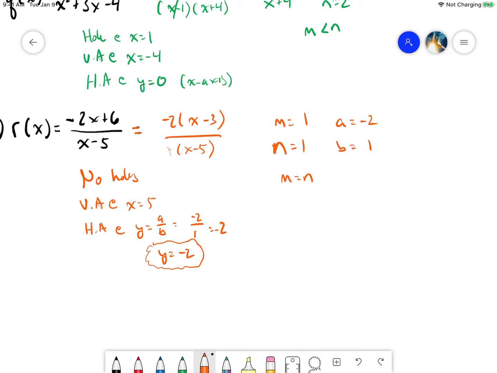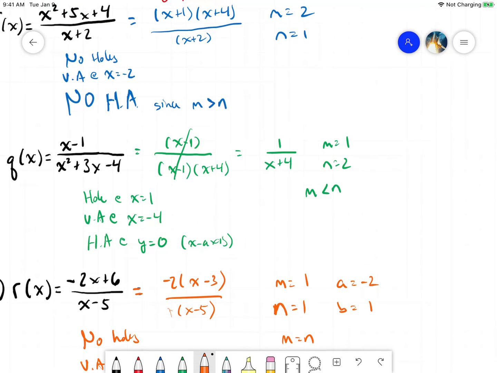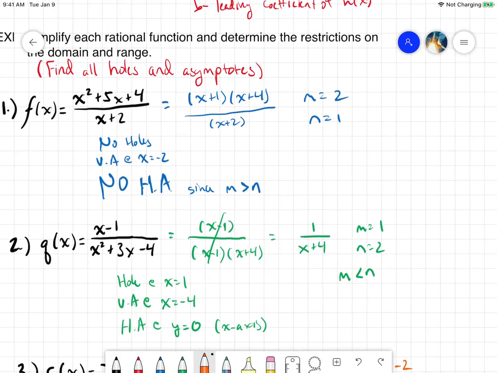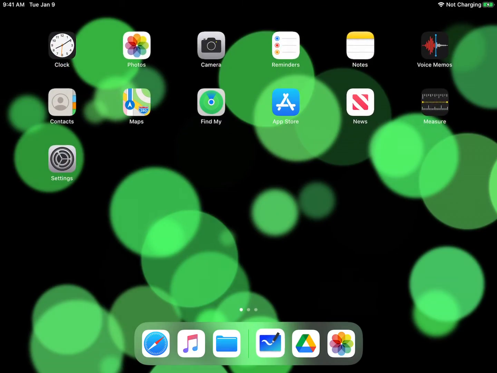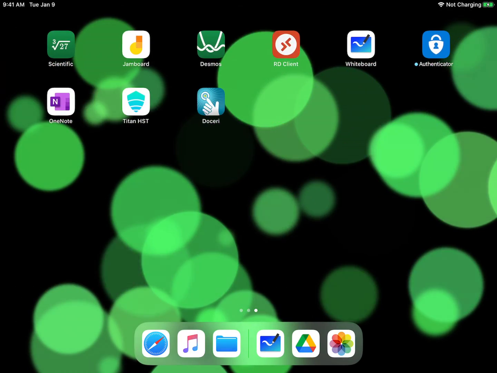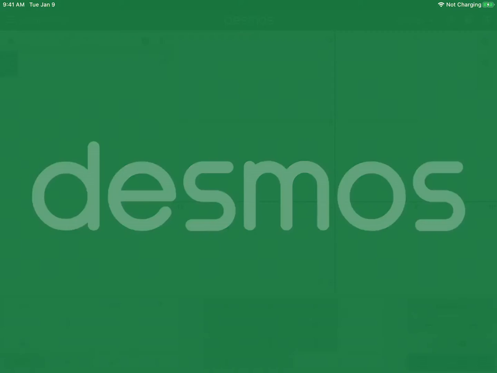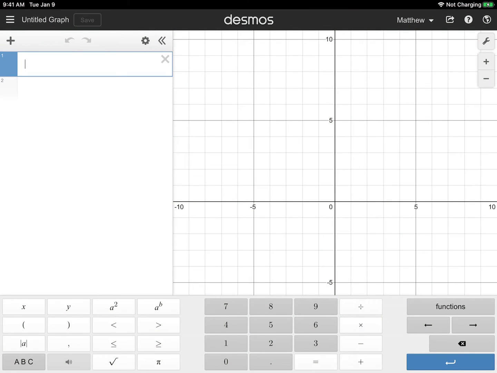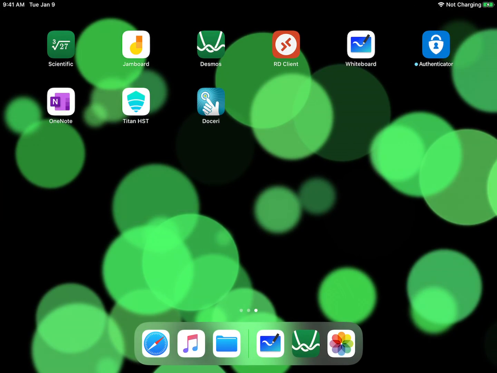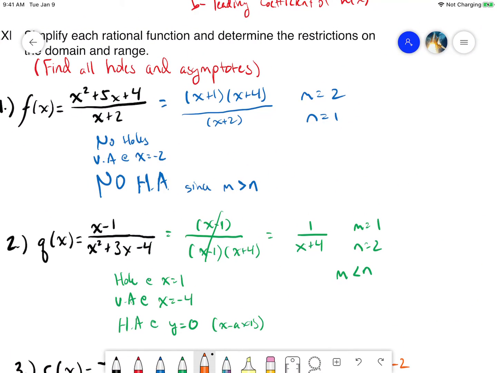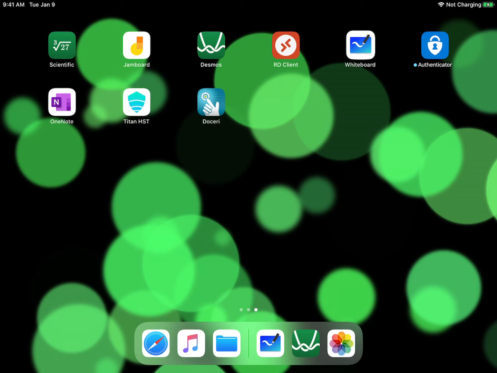Okay, and that's kind of how we can determine this. So let's just go ahead and use Desmos to check all 3 of these. So go into Desmos. Our first one, we have x squared plus 5x plus 4 over x plus 2.